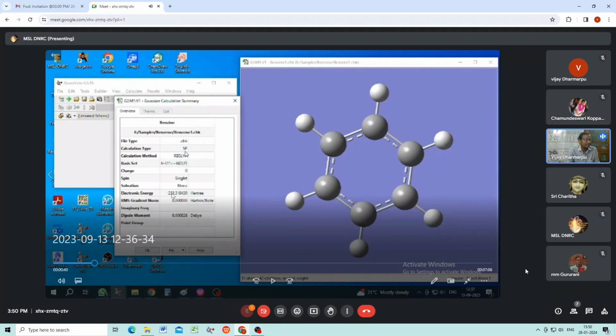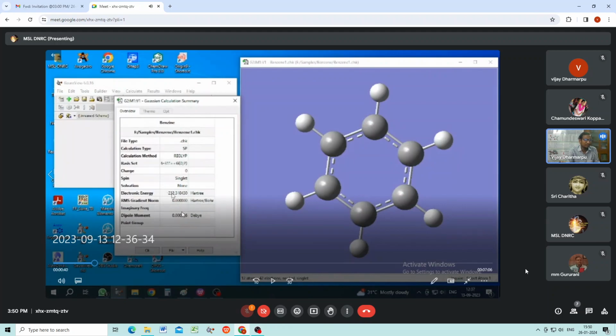And this is the basis set. B3LYP I used, and charge is 0, spin is singlet, and the energy. See here, we can obtain the energy in Hartrees. We can convert it into electron volts and angstrom units and so on.